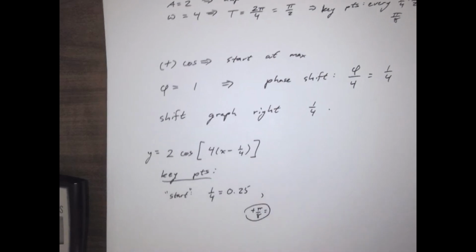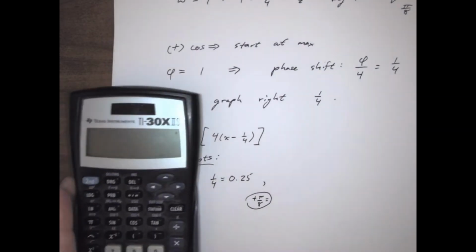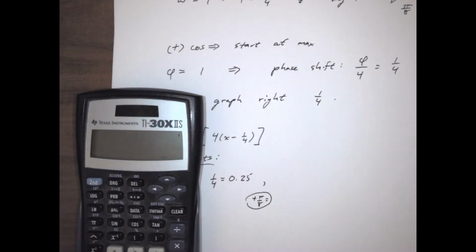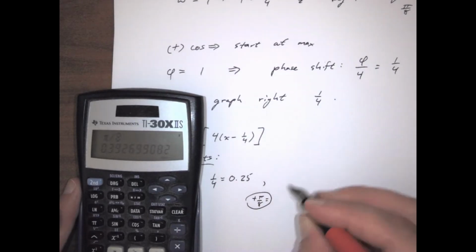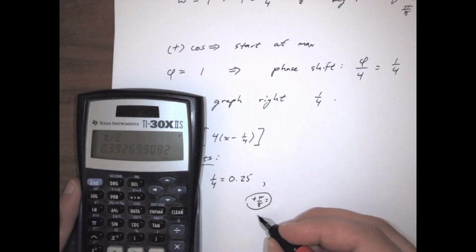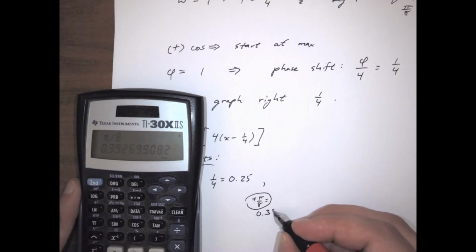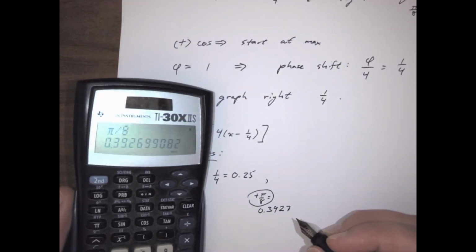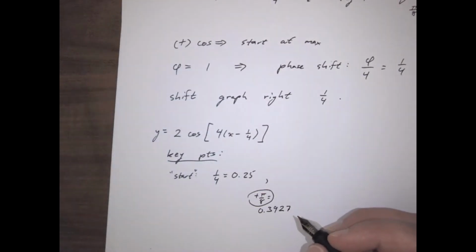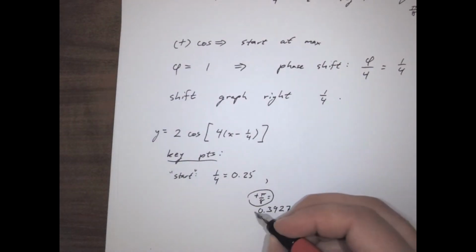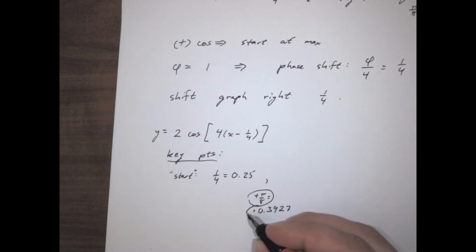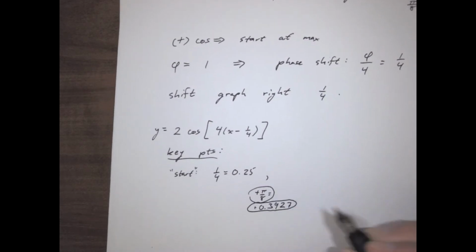So I'll just break the decimal barrier and figure out what this is approximately and use that. So I'm going to say 0.3927 if I round it. Okay, so that's what I'll be adding each time to get my new x values.